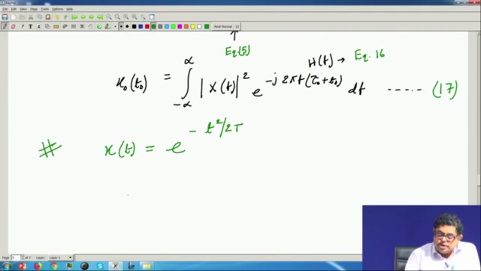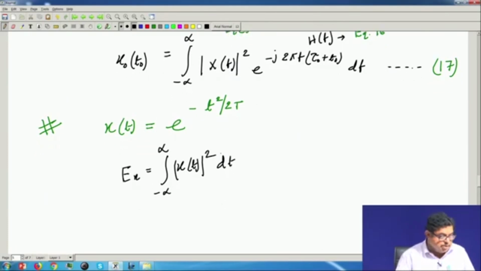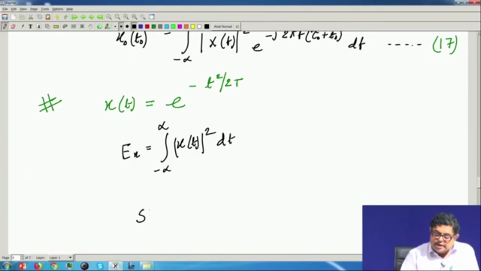You can easily put it into the E x expression and find out. E x, since the time domain expression is given, you can write it in the time domain also, integral of x t square dt, and that you can evaluate. Once you know E x, you will see that the SNR will turn out to be 2 root over pi t by eta naught.